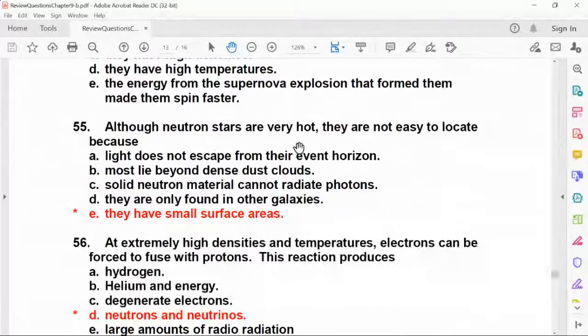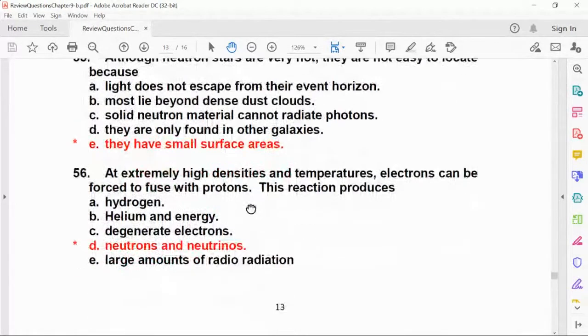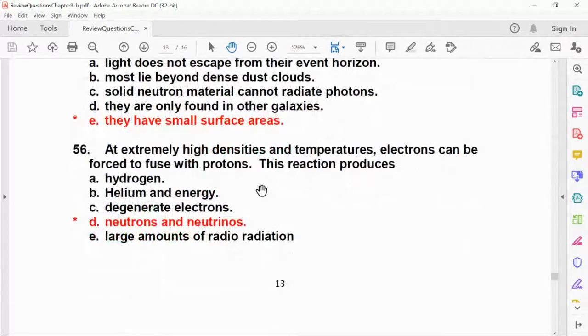55, although neutron stars are very hot, they are not easy to locate because they have very small surface area. So you cannot see them visually. At extremely high densities and temperatures, electrons can be forced to fuse with the protons. The reaction produces neutrons.